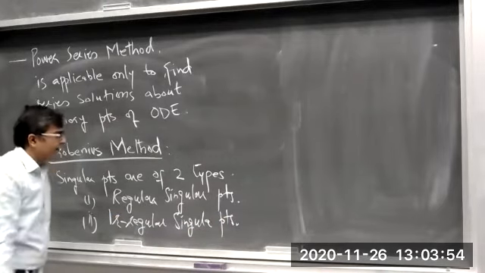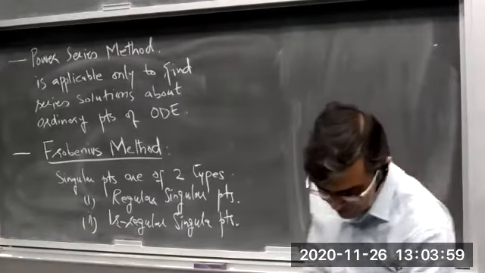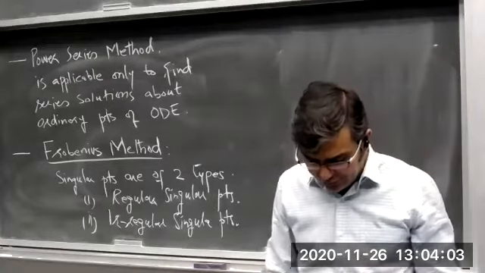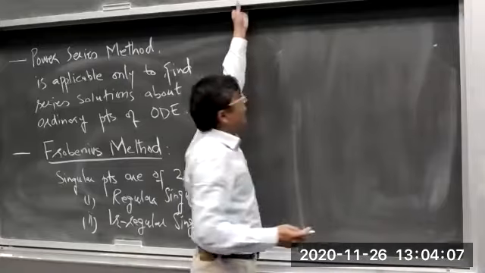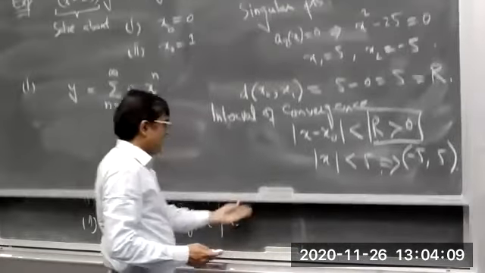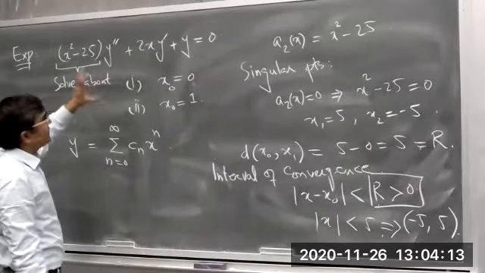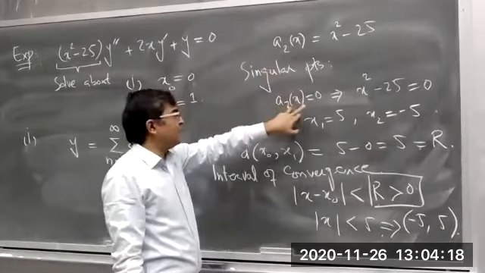What are these regular and irregular singular points, and how to differentiate between them? We know what singular points are. We discussed this in the previous lectures. Singular points are those points where the coefficient of y double dash is 0.